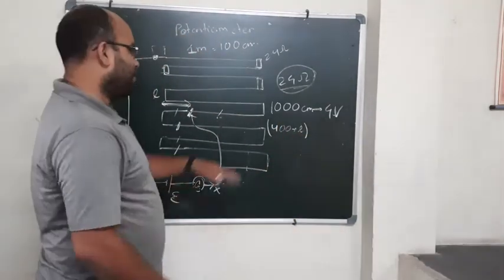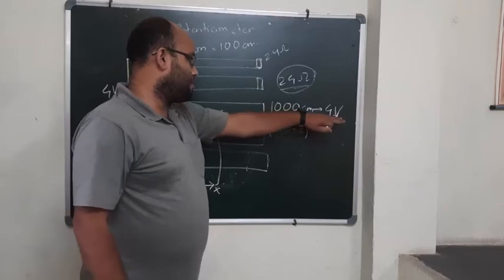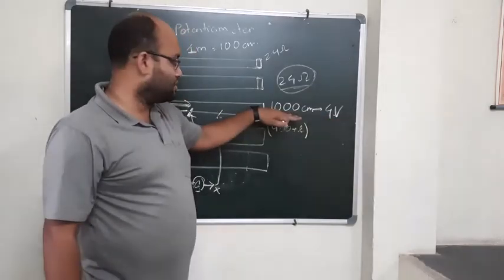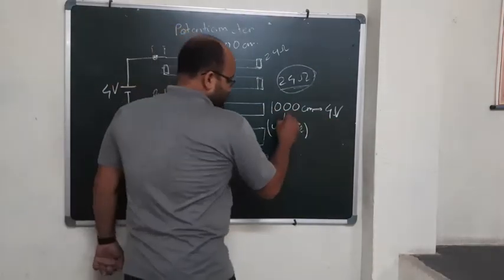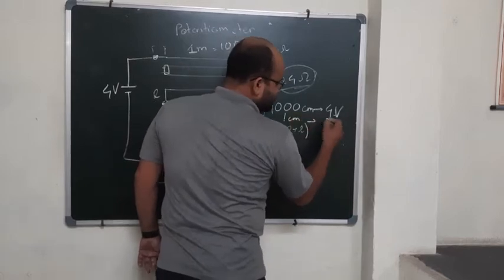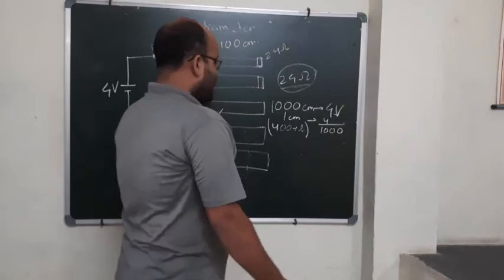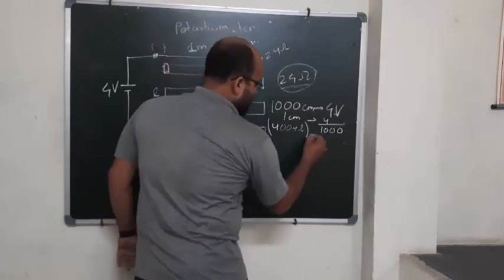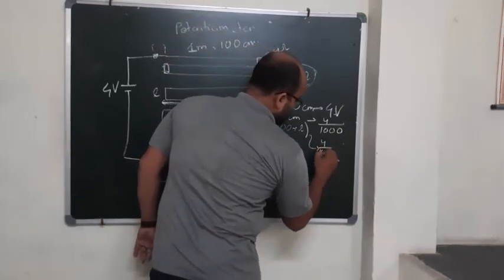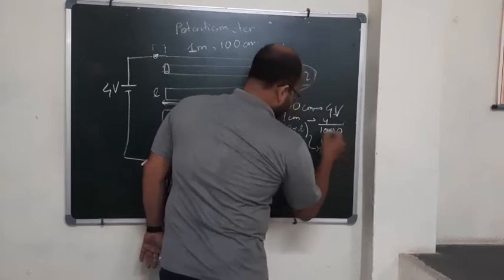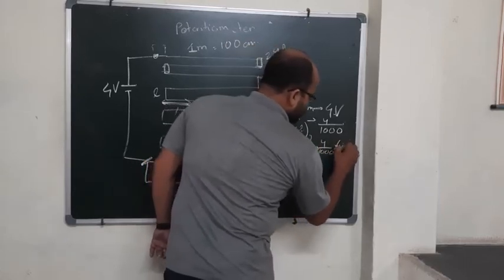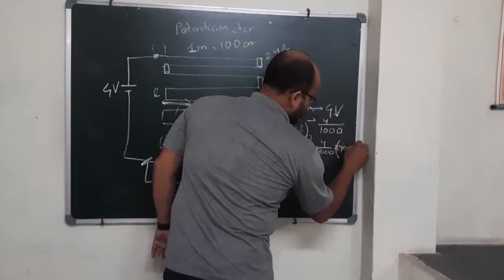If we have a potential drop of 4 volts around this 1000 centimeters, then for 1 centimeter we will have a potential drop of 4 by 1000, and for this length, which is 400 plus L, we will have a potential drop of 4 by 1000 into (400 plus L).